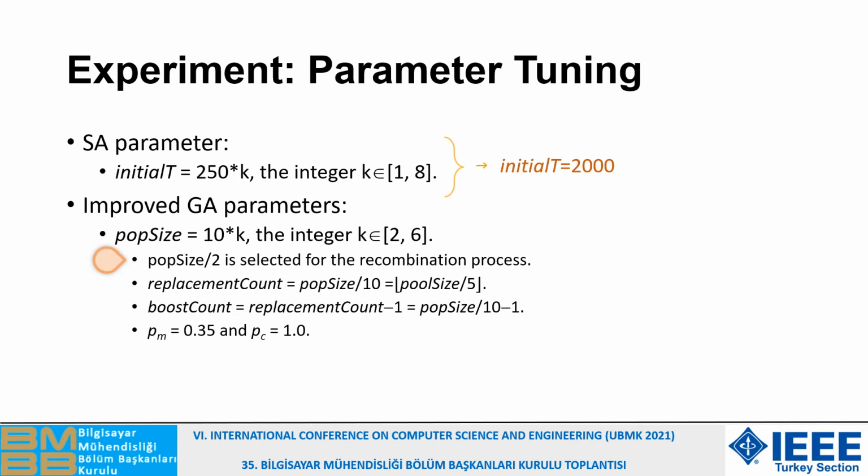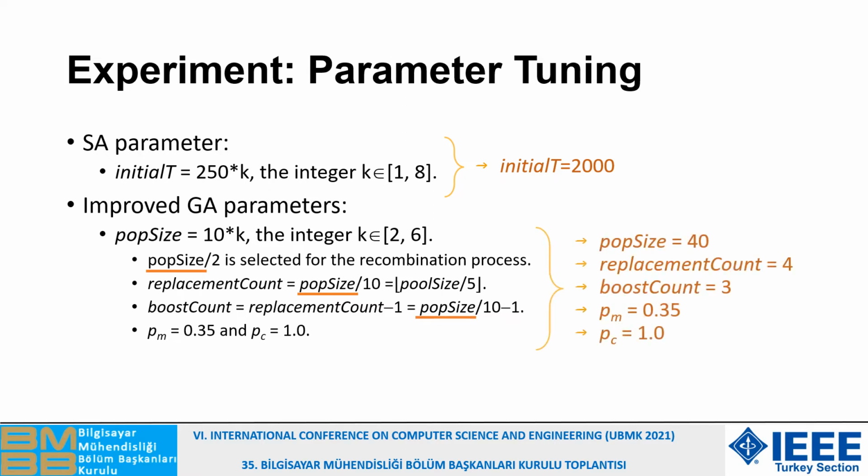For example, we define the mating pool size, the number of offspring to include in the population, and the partial reinitialization size as some fractions of the population size. In the light of the obtained results, we selected the parameter values shown as the orange-colored part in the slide.